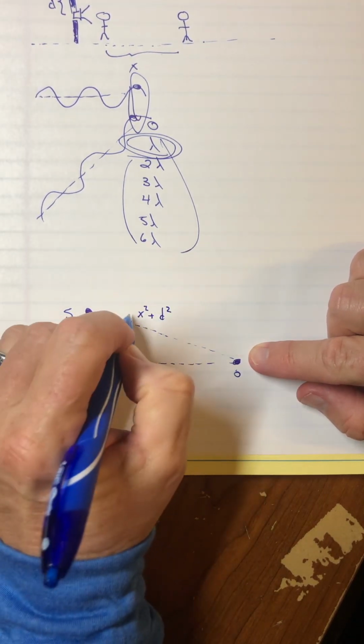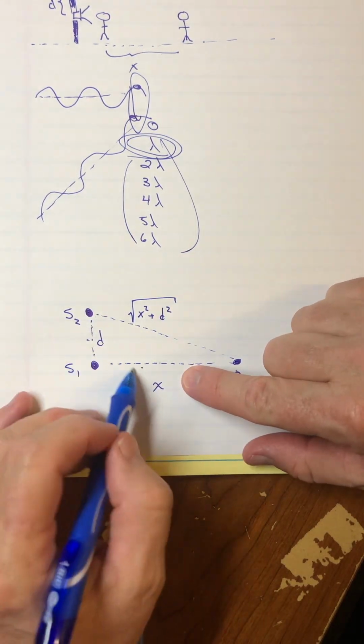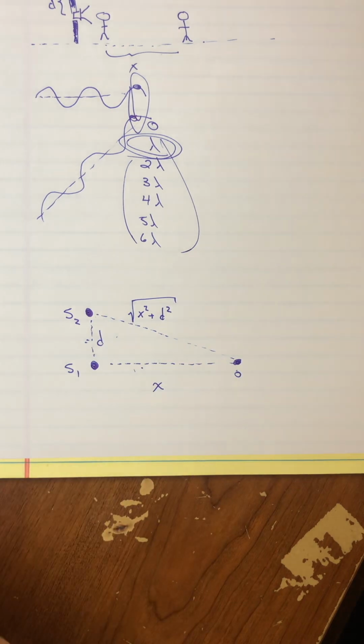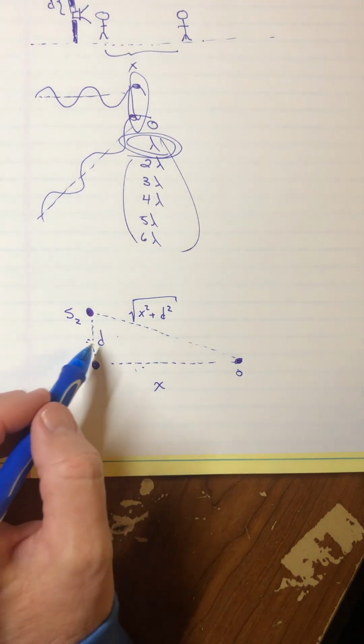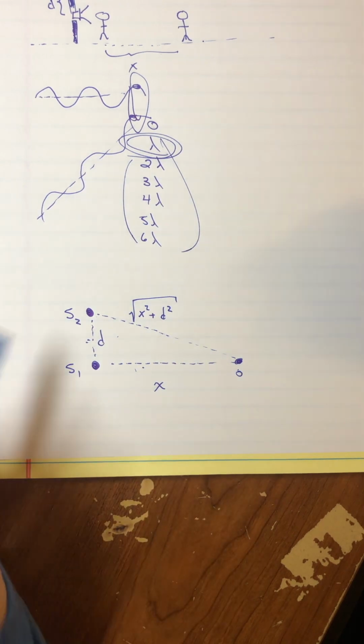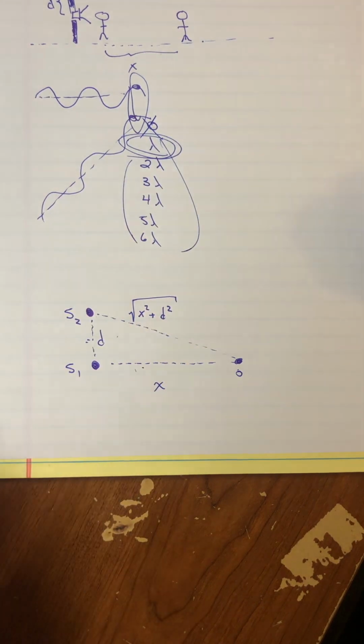And so using Pythagorean's theorem, that is, the sum of the squares of the legs equals the square of the hypotenuse, we can see that the distance to speaker number two is a little bit further. So there's no way that they can be the same distance. So it can't be 0.